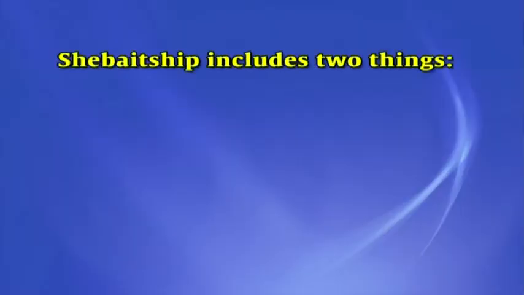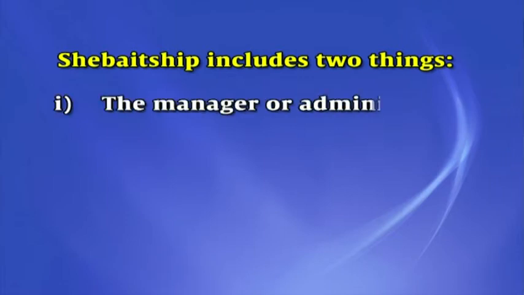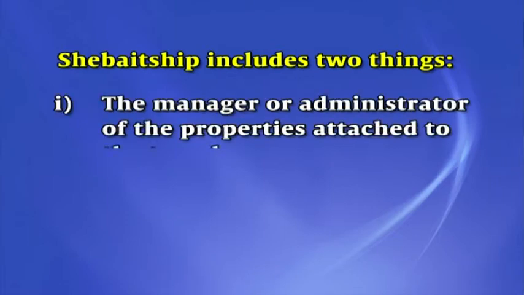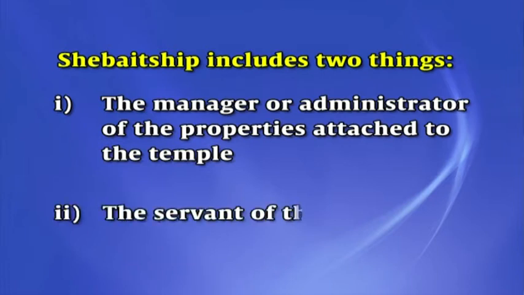Although his rights and duties to some extent resemble those of a trustee, he is not a trustee in the true legal sense of the term, inasmuch as the property of the temple is not vested in him. Shebaitship includes two things. First, the manager or administrator of the properties attached to the temple. Second, the servant of the deity.